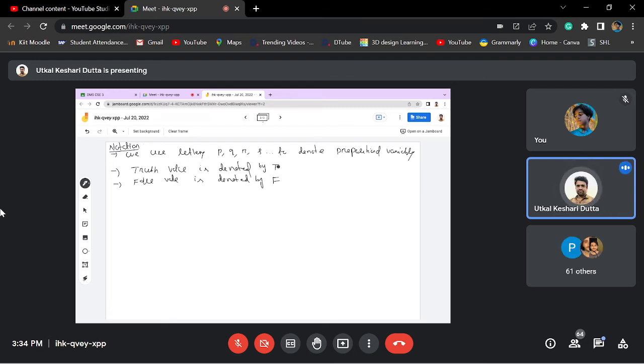Yeah, 1 and 0. Instead of capital T, you can use 1 for the truth value. Truth value is true, denoted by capital T. Truth value is false, denoted by capital F or 1 and 0.